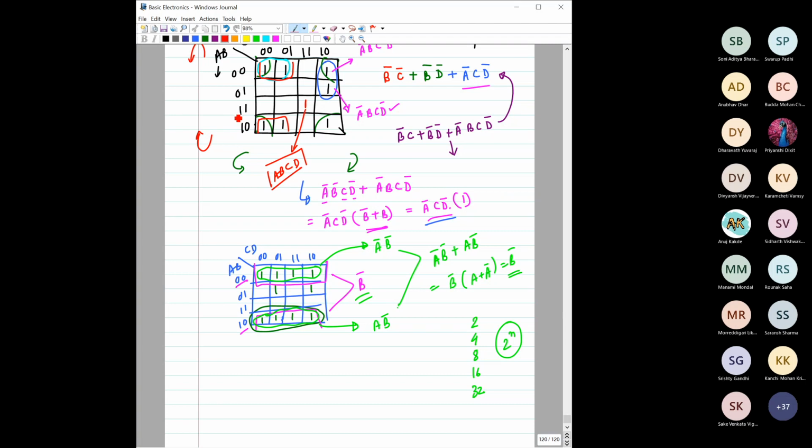So like you said, we will take the group of size 4 first, the 4 corner ones, then the blue one. 0001 and 1001, the one in the same column at the bottom. But sir, there we will get B bar, C bar, D. But how are you reducing?